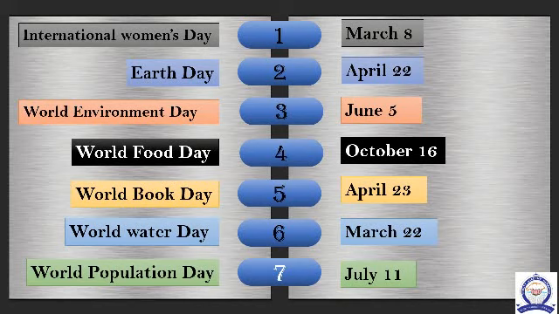World Environment Day, June 5. World Food Day, October 16. World Book Day, April 23. World Water Day, March 22. World Population Day, July 11.